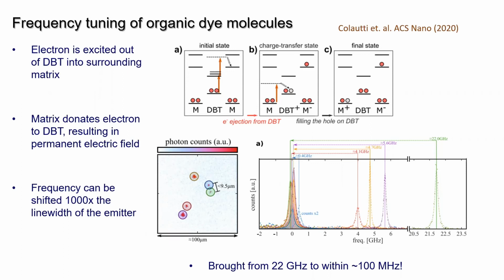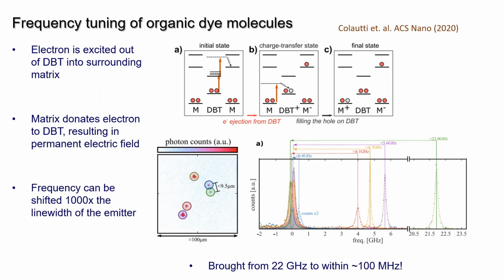The way they postulated this happens is that the dibenzotyrrolene molecule and the anthracene matrix that it's embedded in, if you excite it hard enough, maybe you can get an electron to jump out of the dibenzotyrrolene molecule into the surrounding matrix, right? And so you have an electron in an anthracene molecule next to this. And then maybe this will absorb an electron from somewhere else, and then boom, electric field: positive over here, negative, positive, and then you have an electric field gradient.